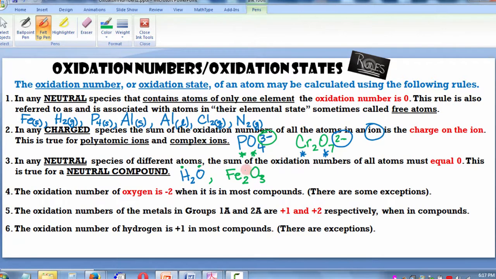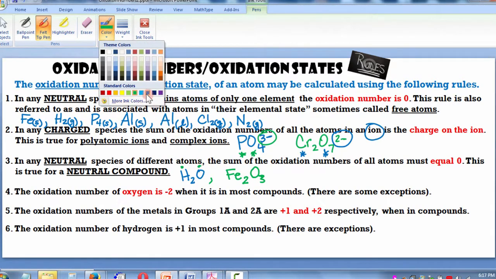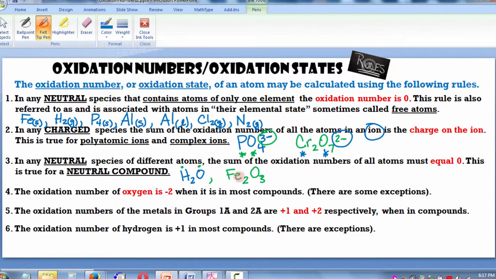The sum of the oxidation numbers for two irons plus 3 oxygens must equal 0. Now you will see what I mean exactly when I do some examples. And I've also done a significant amount of these in class.